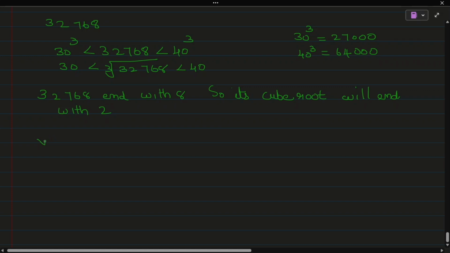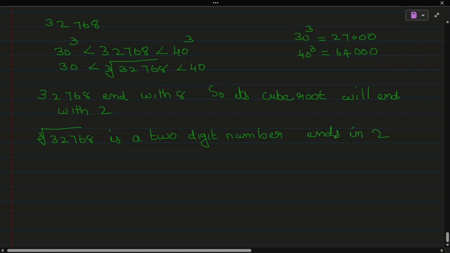So the cube root of 32,768 is a 2-digit number between 30 and 40 that ends in 2.